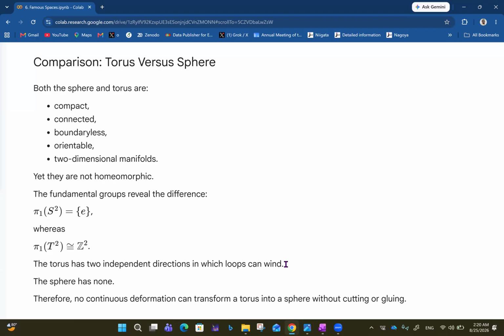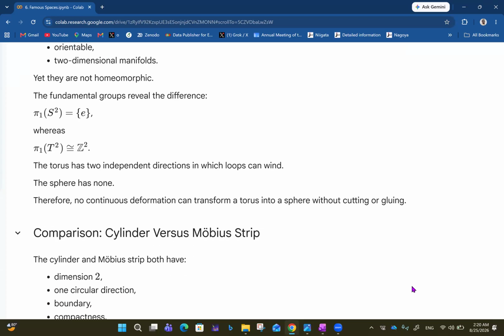If you remember the idea of a torus, it's like a tire tube. You can move around one edge of the tire and you can move around the whole tire. So you have the meridional movement, and then you have the longitudinal movement. The sphere has none for sure. Therefore, no continuous deformation can transform a torus into a sphere without cutting or gluing.